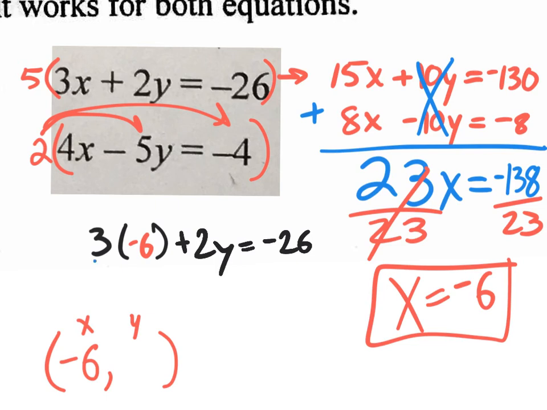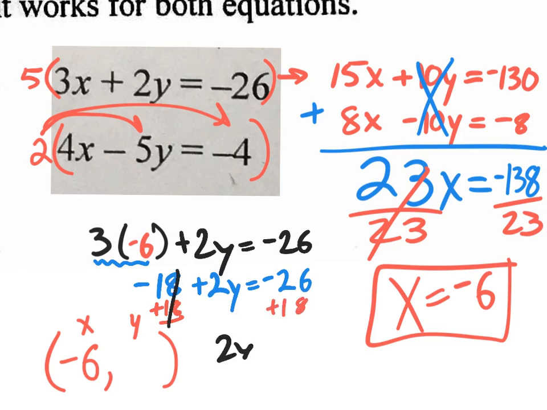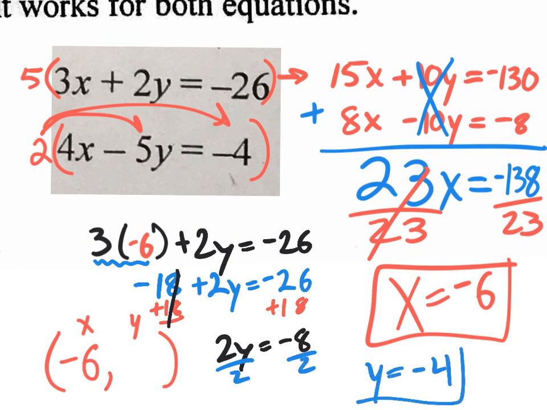So I really have 3 times negative 6, that's negative 18, plus 2y equals negative 26. And then we're going to add 18. I will have a new equation that says 2y equals negative 8. And for the final step, you divide by 2, which means that y equals negative 4.